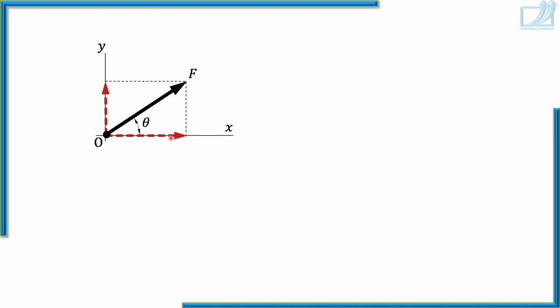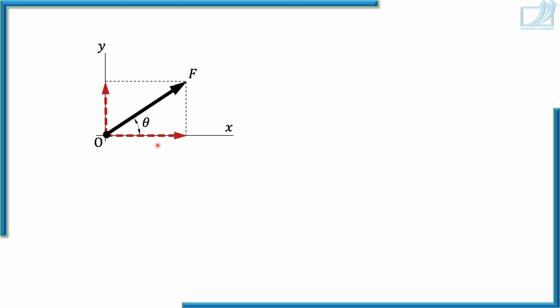Now you know that when you construct a parallelogram of vectors, the lengths of the sides of the parallelogram are proportional to the magnitudes of the corresponding vectors. This length represents magnitude F. So by geometry of the right angled triangle, we can see that this horizontal component length is the magnitude of the horizontal component.